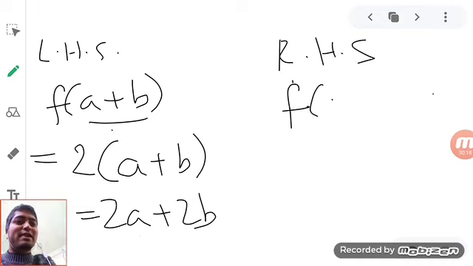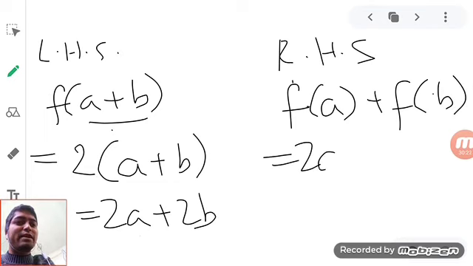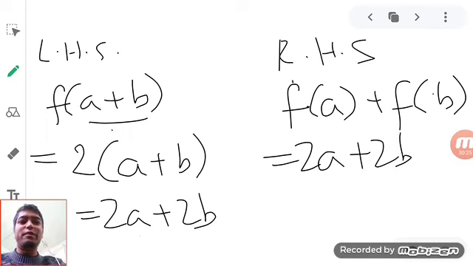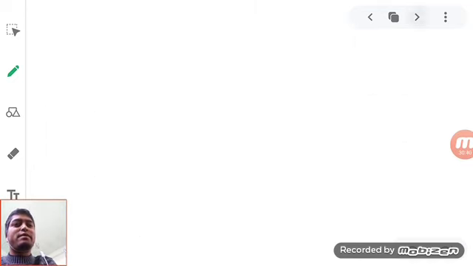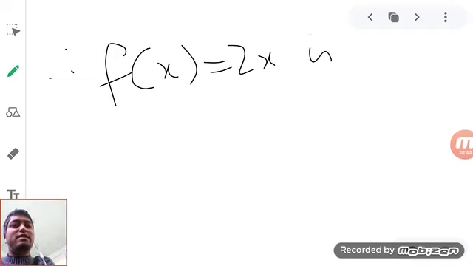So right hand side, it is f(a) plus f(b), 2a plus 2b. Okay, for this example it's very easy, but as you will see, there will be some examples where it's actually more difficult. Therefore left hand side equals right hand side, so that is why it is a homomorphism. Therefore f(x) equal to 2x is a homomorphism.